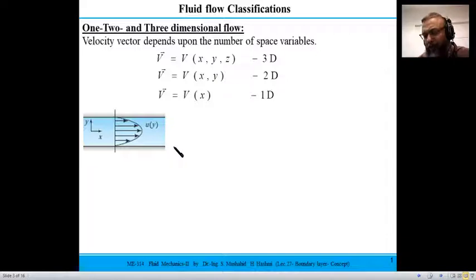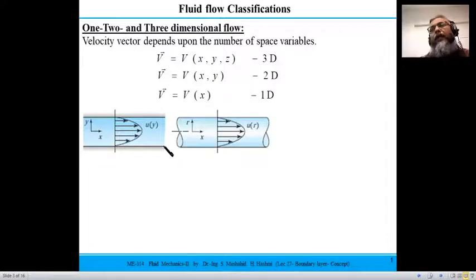Similarly, if the fluid flow takes place in a pipe, this geometry is different because this is actually a pipe cross section. I have taken a circular pipe, where the x direction is the axial direction and r is the radial direction.